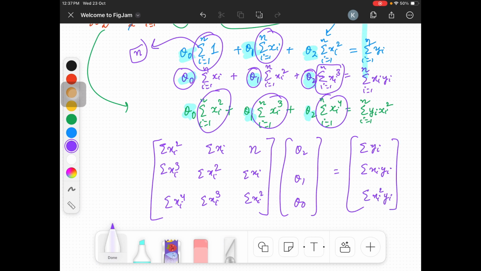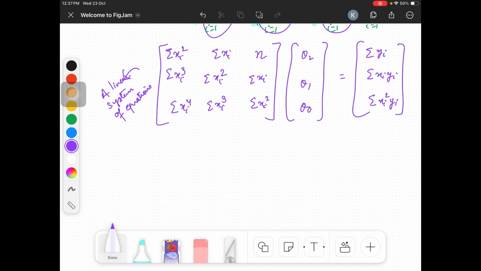So this is my system of equations, a system of equations which can be solved. Linear system of equations, right? So we have linear equations here. So here we had only one feature, and we were fitting a polynomial of degree 2.